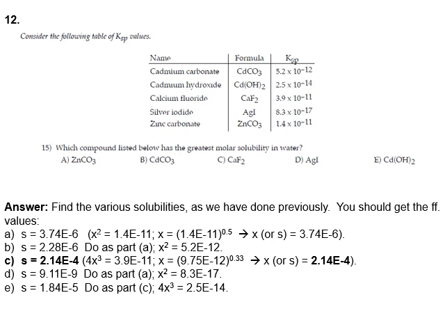For the second one, though, it's going to be 0 plus X is X for cadmium 2 plus, and 0 plus 2X is 2X for the OH minus, and that has to be squared. So that would be 4X squared, which you multiply by the X for the cadmium, and you get 4X to the third equals 2.5 times 10 to the minus 14th.